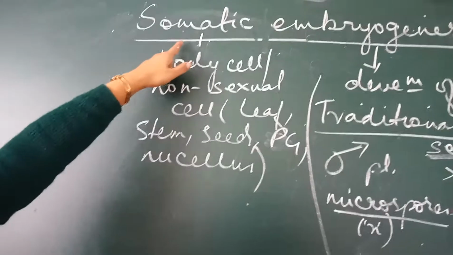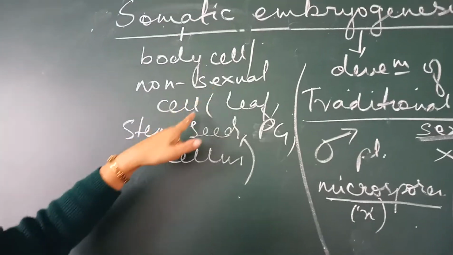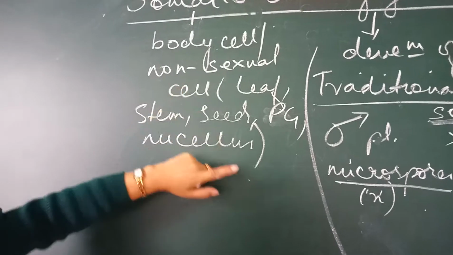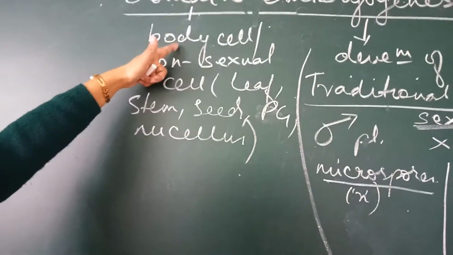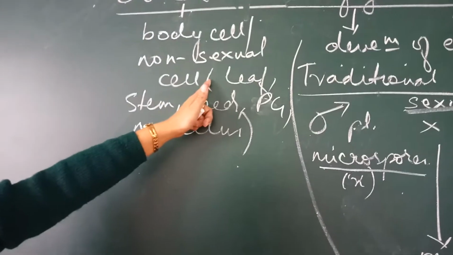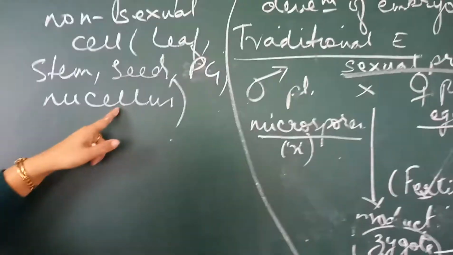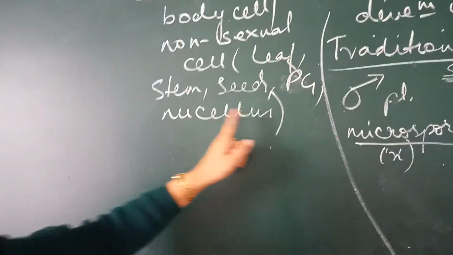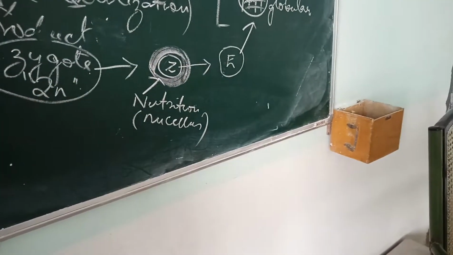But when you look at somatic embryogenesis, it is a non-sexual process. You don't need a male plant, you don't need a female plant, but rather any cell, it can be the cell or the tissues from the leaf, from the stem, from the seed or from the nucellus, these can give rise to embryo.